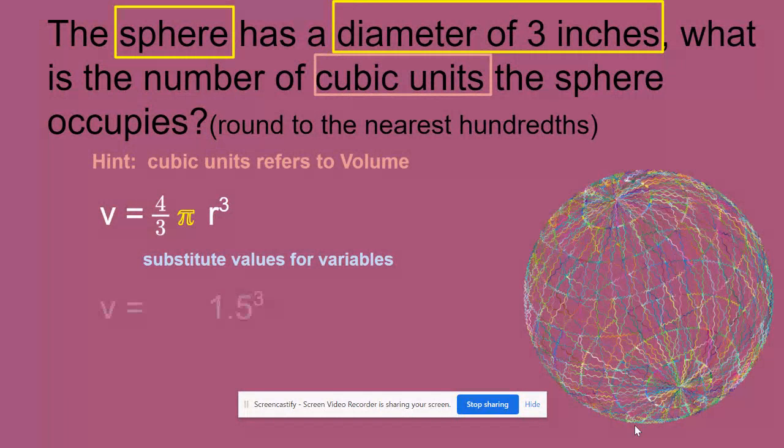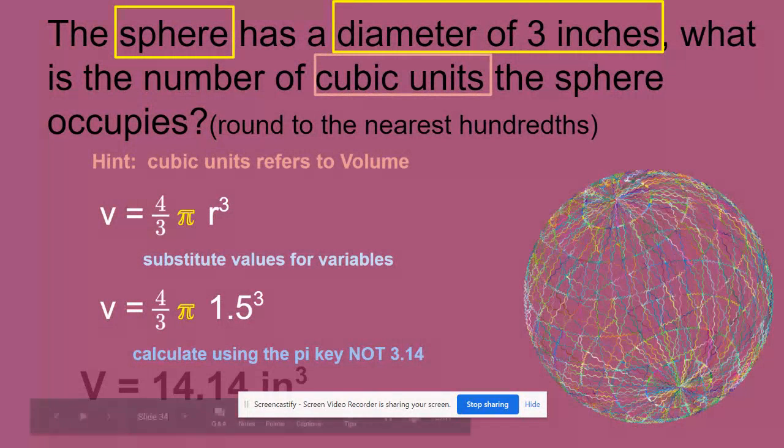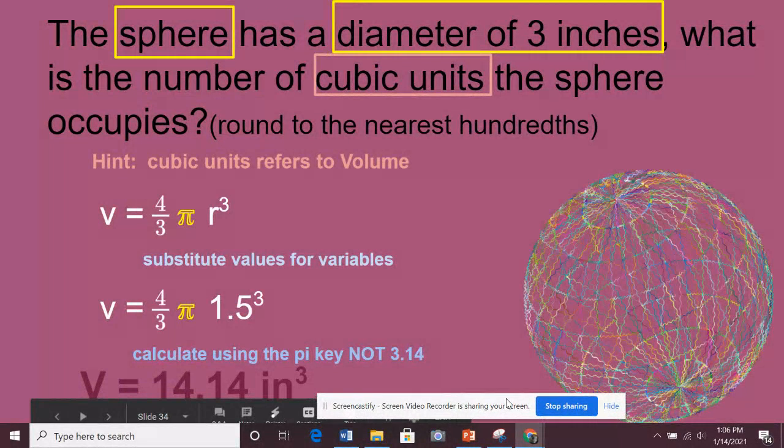Now I'm ready to substitute those values in for my variables. And I have 1.5 substituted for my radius. Now I can calculate using the pi key, not 3.14. And I get 14.1 inches cubed of space in the sphere.